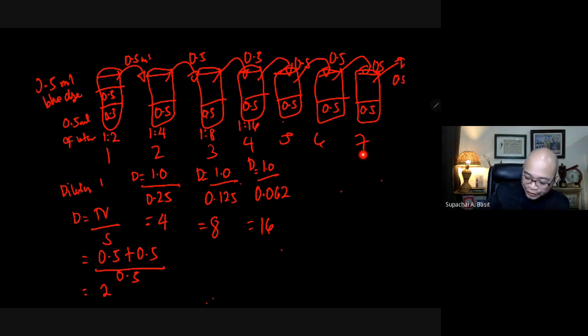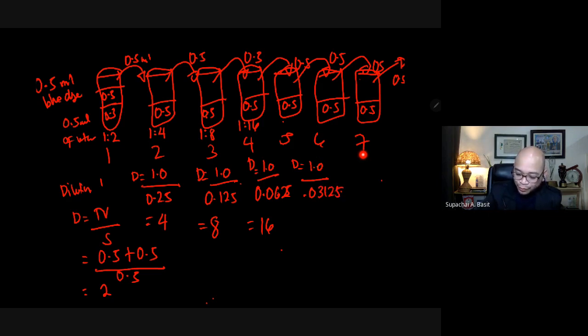And then you transfer another 0.5 ml for tube number 5. What is half of 0.0625? 0.0625 over 2 is 0.03125.